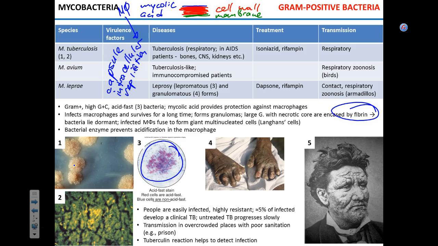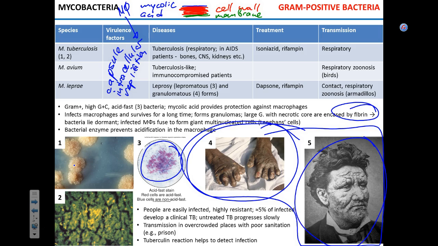Let's get this out of the way. The Mycobacterium leprae. Okay, so this is pretty much the infection of tissues. Leprosy. Okay, there are two forms of leprosy. The lepromatous form, which is this, and granulomatous form.